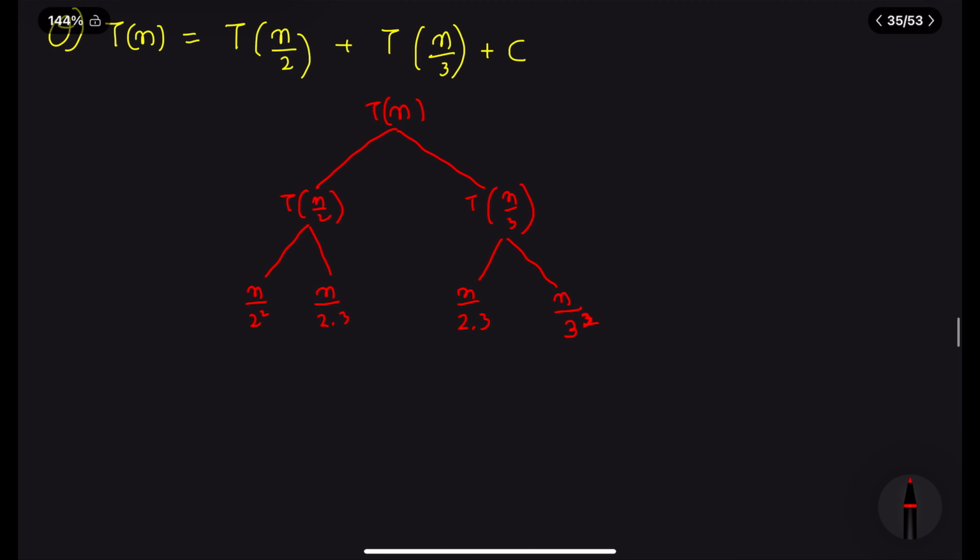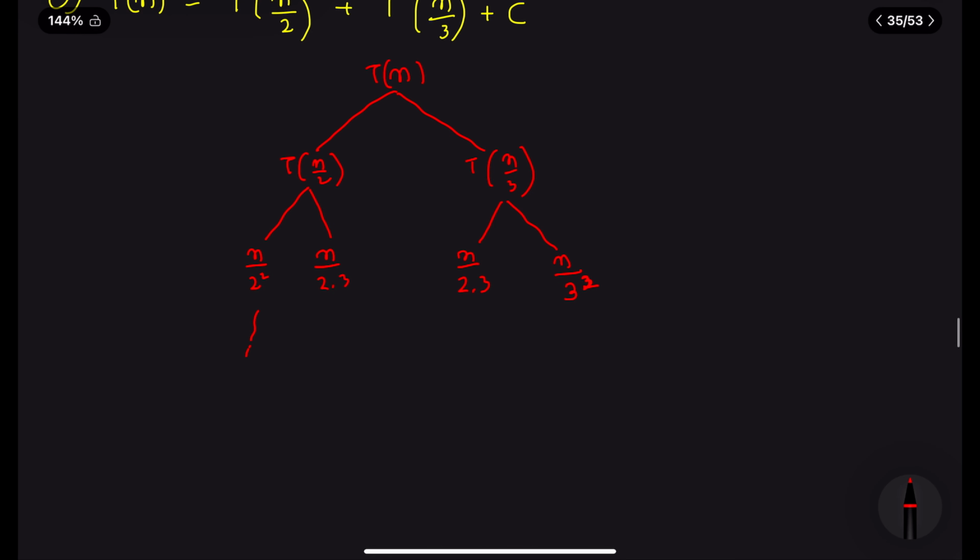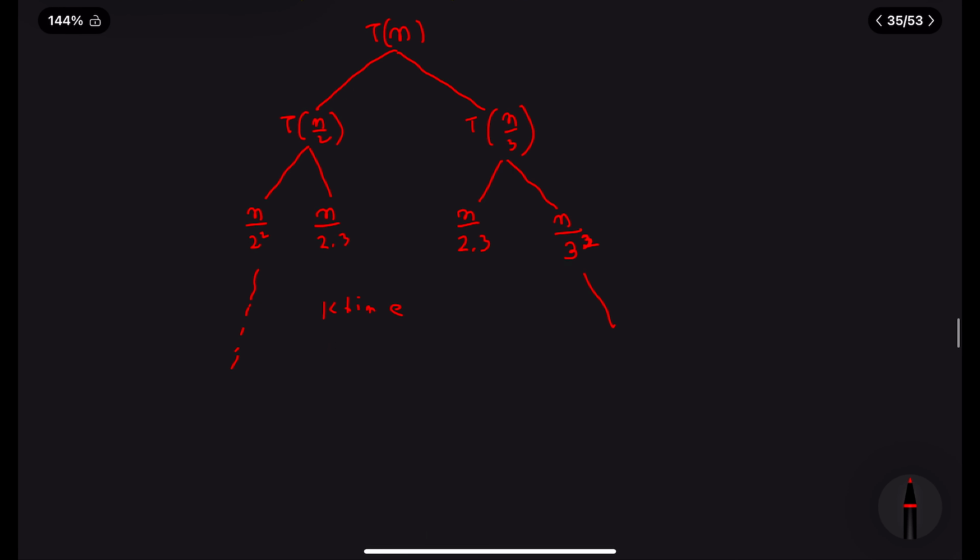So this will keep on continuing k times on both sides, and after k times this side will become n by 2 raised to the power k, and this will become n by 3 raised to the power k.